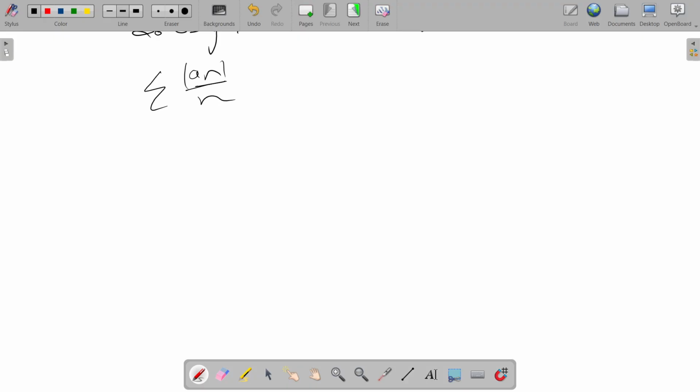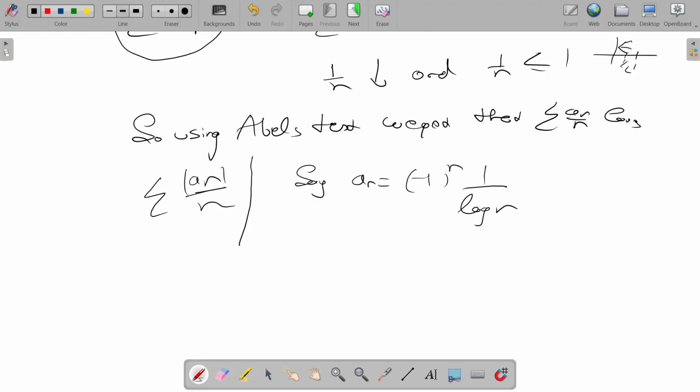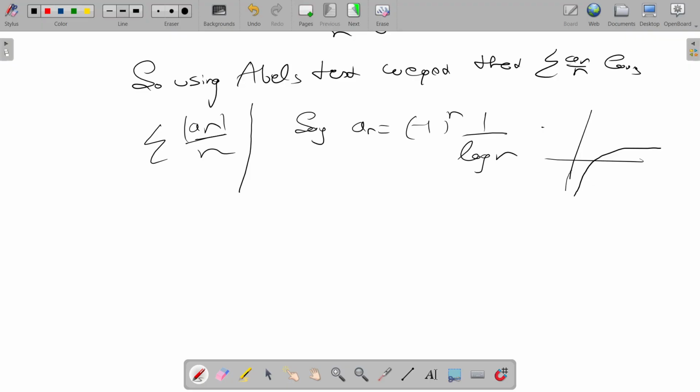We can use the same thing: with the help of Abel's test, take minus 1 to the power n times 1 by log n. 1 by log n is monotonic; log n is monotonically increasing, so the graph of log n will be like this. But 1 by log n is monotonically decreasing and tends to 0. So by Abel's test, summation of a_n is convergent.